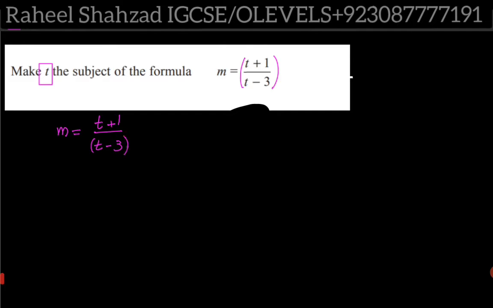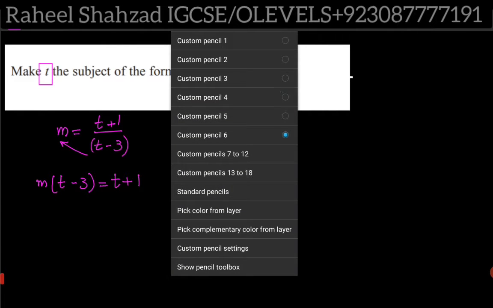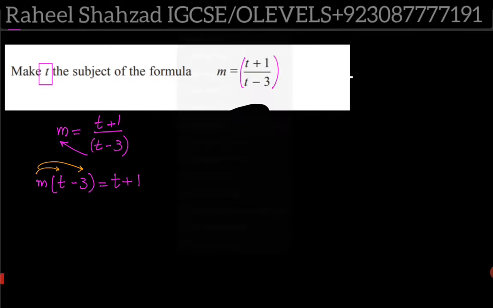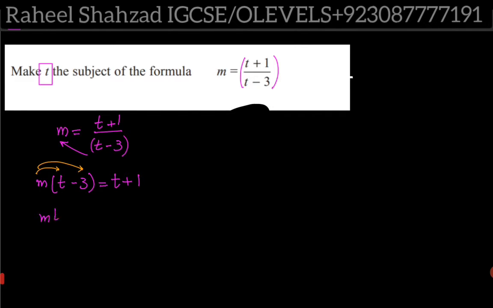So first of all I'm going to cross multiply it in this way. So it is m(t minus 3) is equal to t plus 1. Okay, now using basic algebraic concepts I'm going to multiply this m inside the brackets. It will make it mt minus 3m is equal to t plus 1.